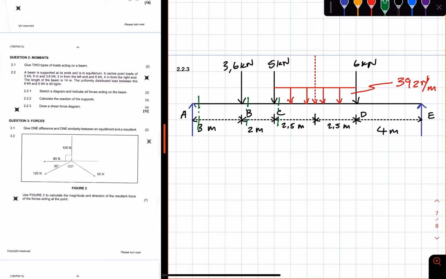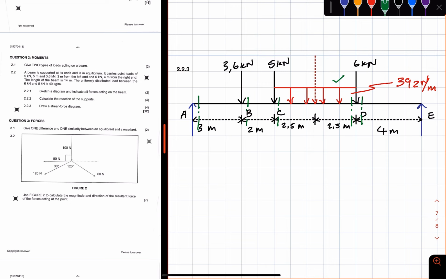Then you get to point D. At point D, you look at the left of point D, we have a UDL on the left of point D. Therefore, because we have a UDL on the left hand side of point D, we are going to section on the right of point D as well as on the left of point D. So we section on either side of point D, right?